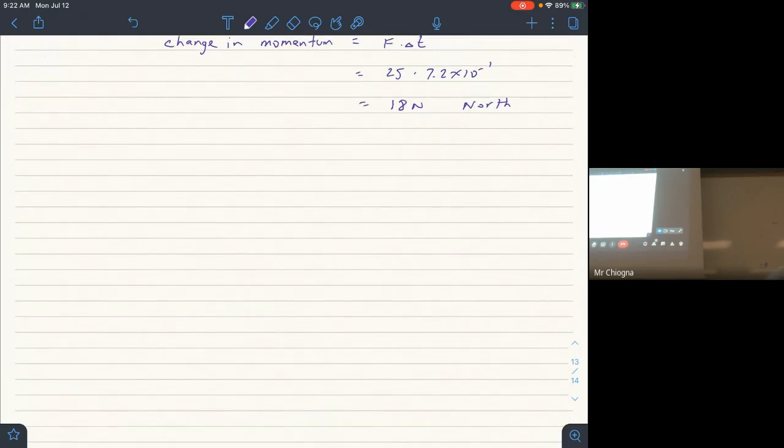Okay, 13. And so 13 is asking you for the impulse. Again, impulse is either expression. It's that, or it's this. I'm going to use the second one because I'm given the velocity.